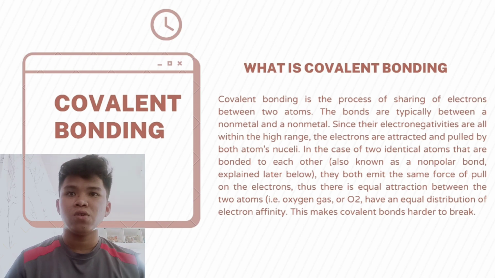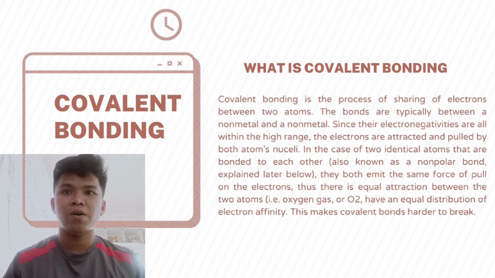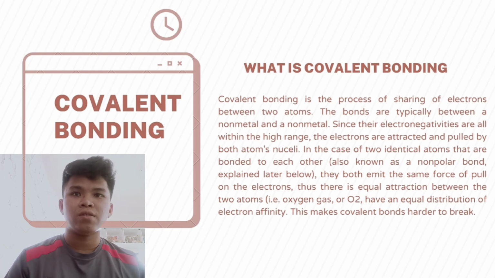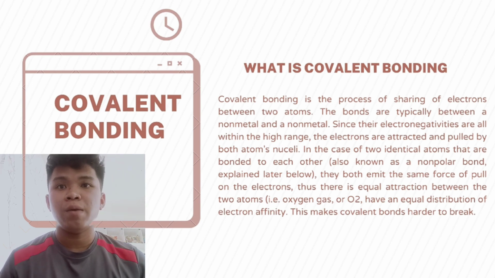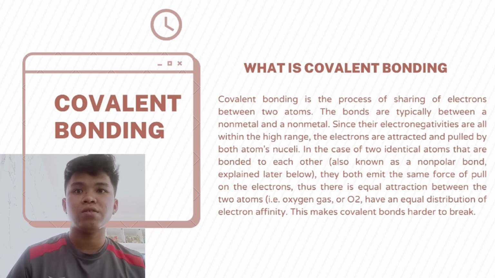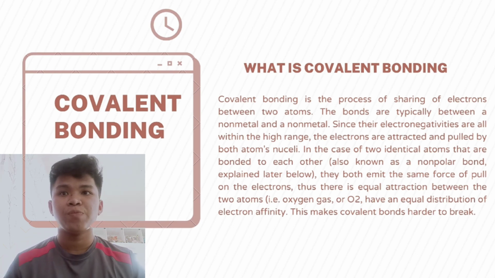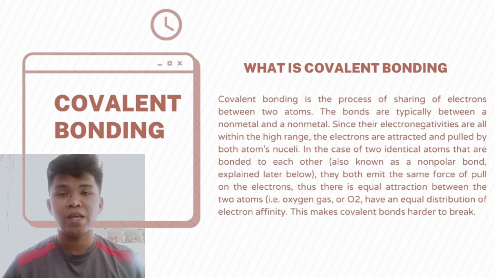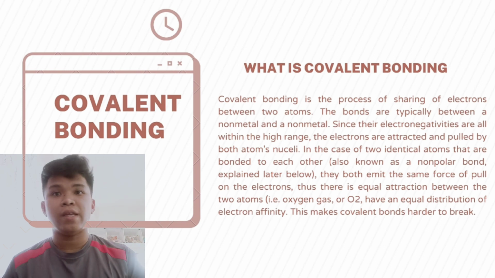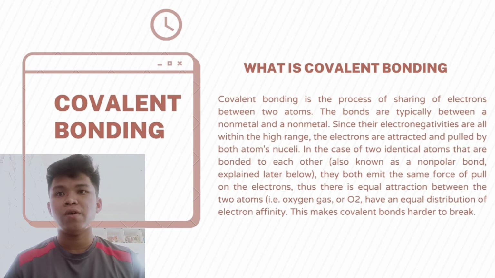In the case of 2 identical atoms bonded to each other, also known as a nonpolar bond, explained later, they both exert the same force of pull on the electrons. Thus, there is equal attraction between the 2 atoms. An example is oxygen gas, or O2, which has an equal distribution of electron affinity.